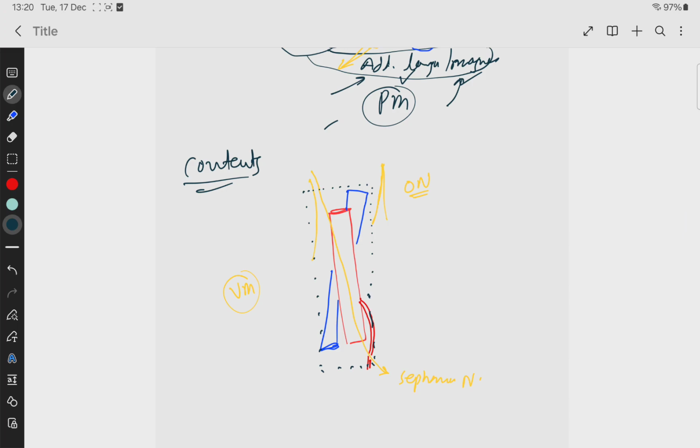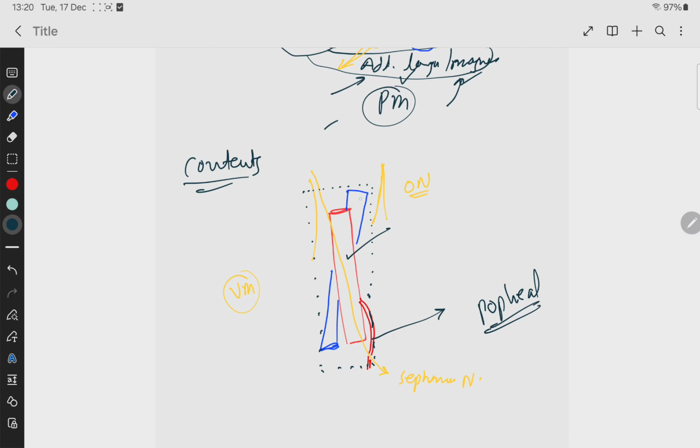The femoral artery goes downward from the apex of the femoral triangle in the adductor canal, exits through the opening in the adductor magnus, and continues as the popliteal artery behind the knee joint in the popliteal fossa.